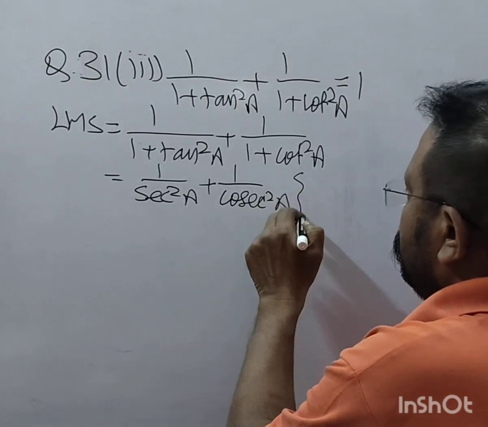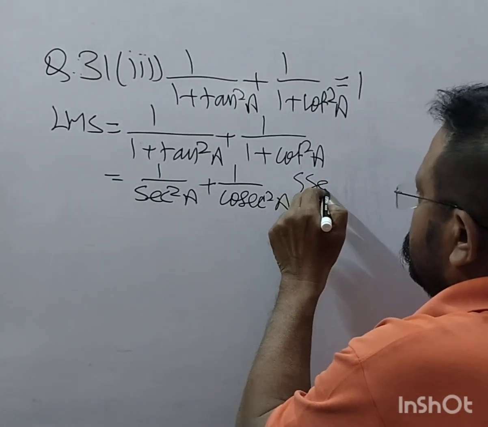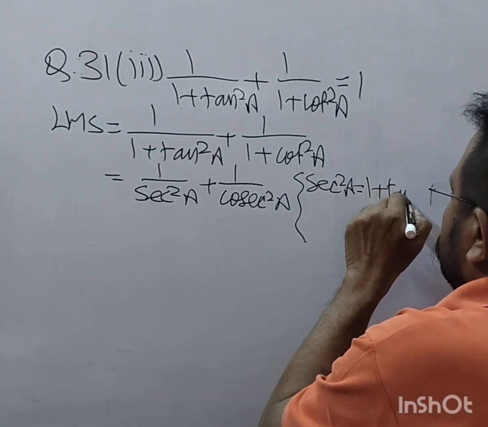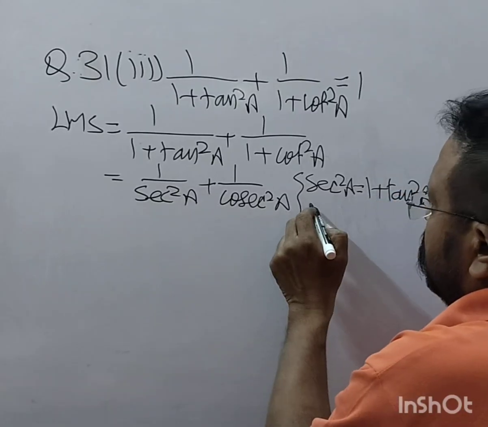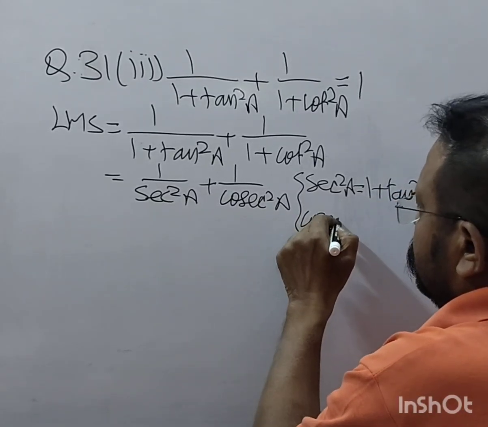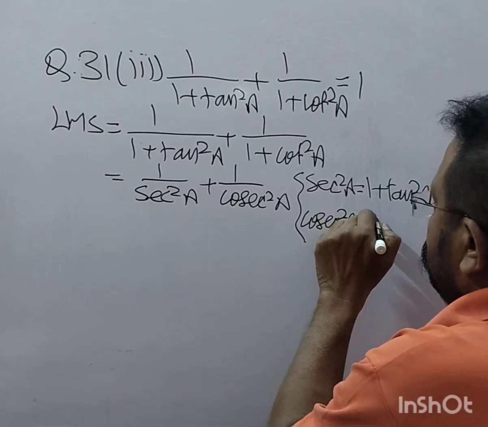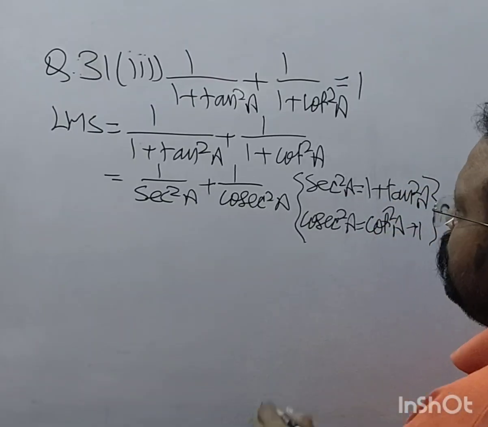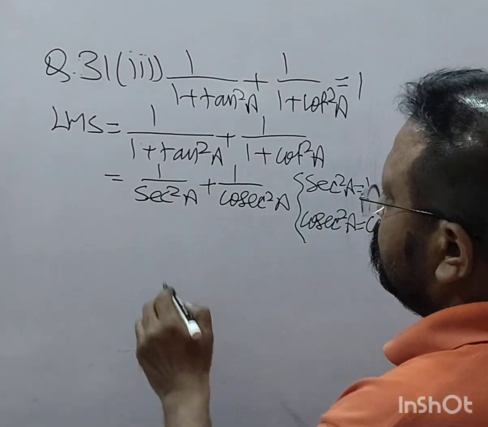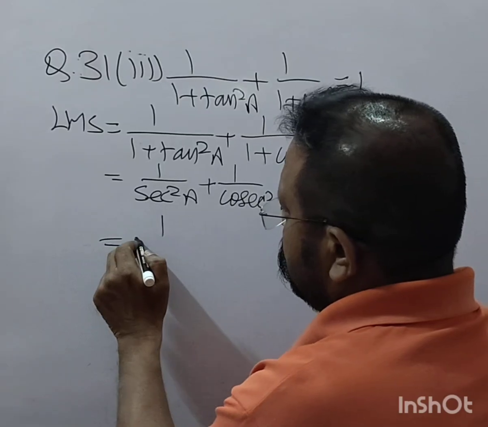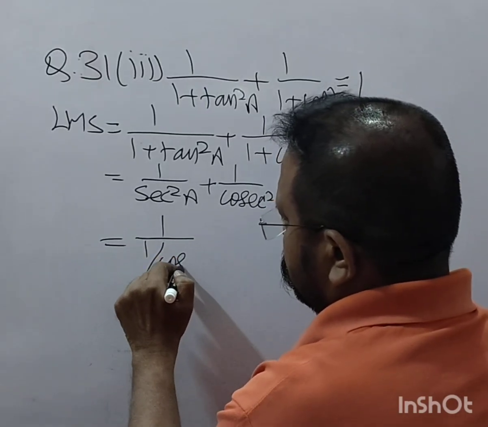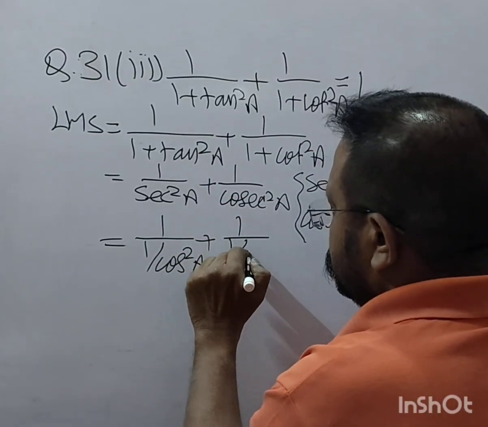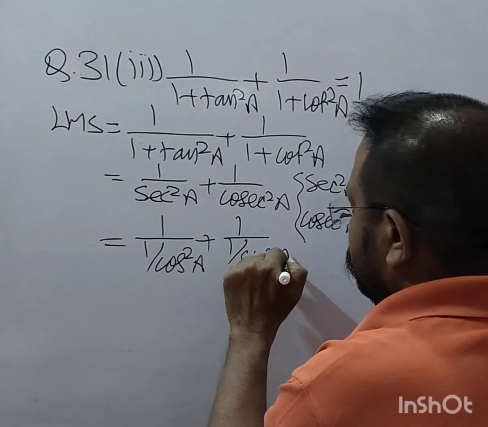This is the formula we have: sec square A is equal to 1 plus tan square A, right? And cosec square A is equal to cot square A plus 1. So I put the values here. Sec square A is 1 upon cosec square A, plus 1 upon cosec, which is 1 upon sin square A, right?